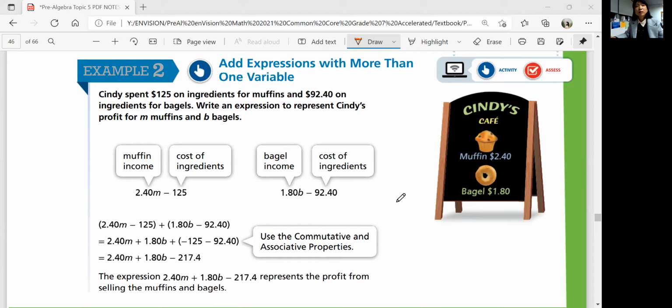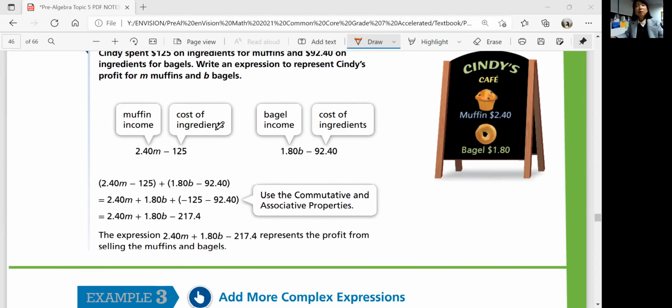So you can use commutative and associative properties by adding them and combining like terms, and get the expression 2.4M plus 1.8B minus 217.4 to represent the profit from selling the muffins and bagels.